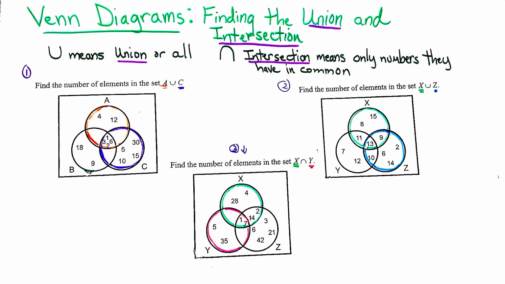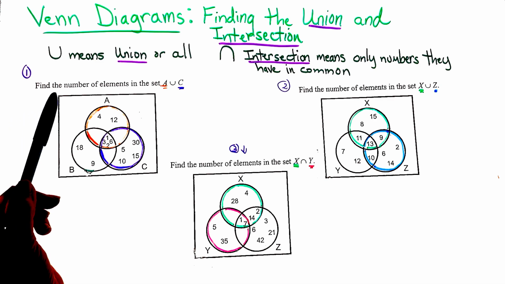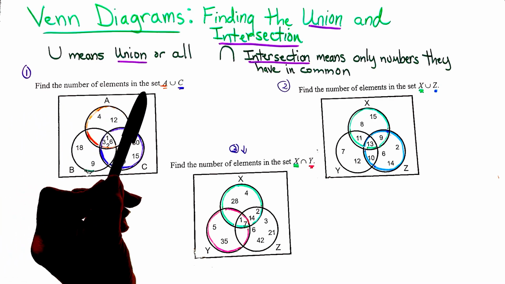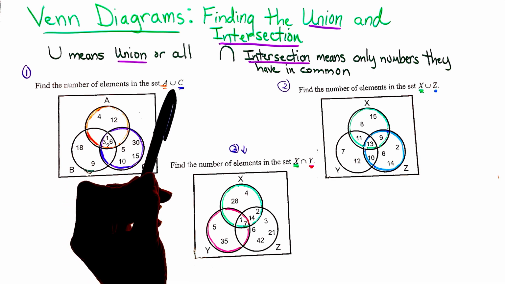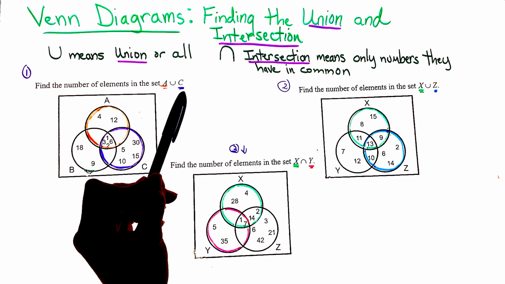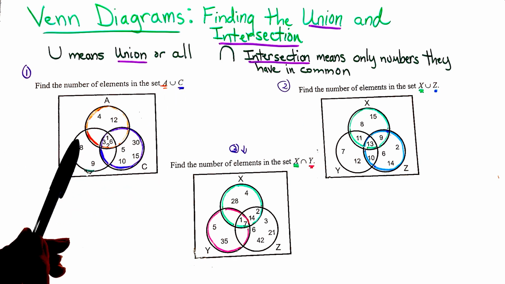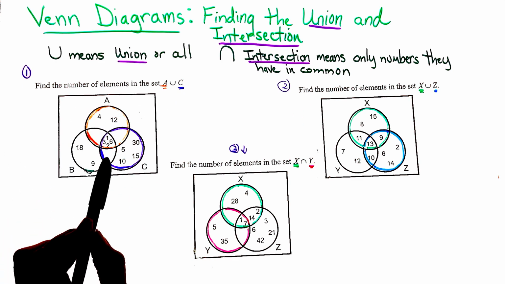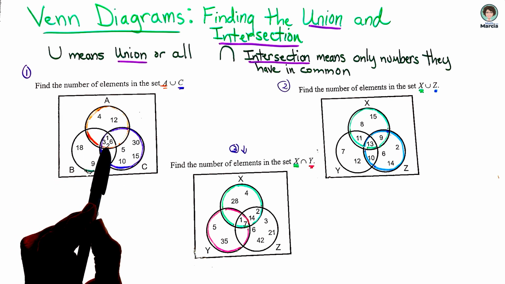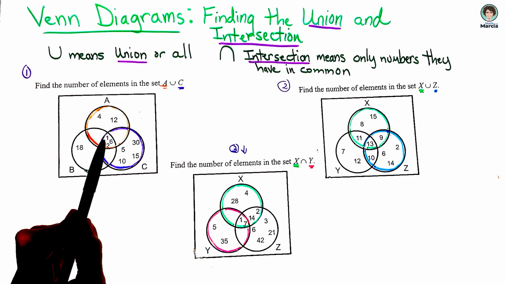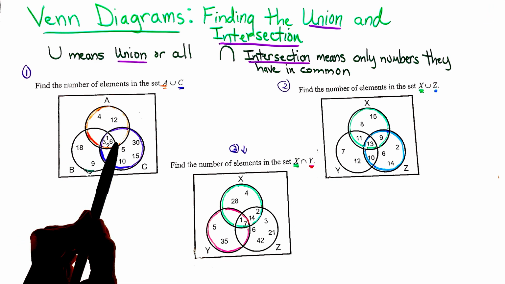Let's look at the first picture of Venn diagrams. They're asking us to find the number of elements in the set of A union C. So I am looking and I have my A outlined in orange. All of these numbers are in A: 4, 12, 1, 3, 2, and 6.